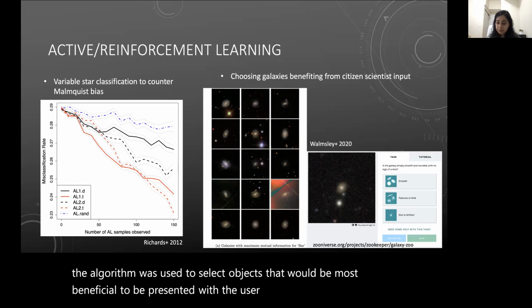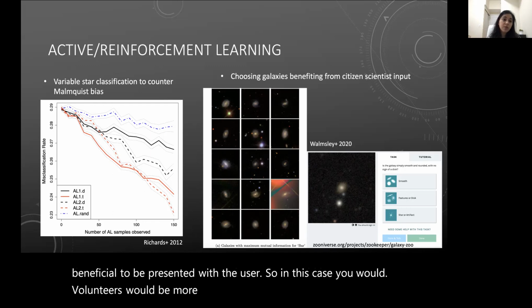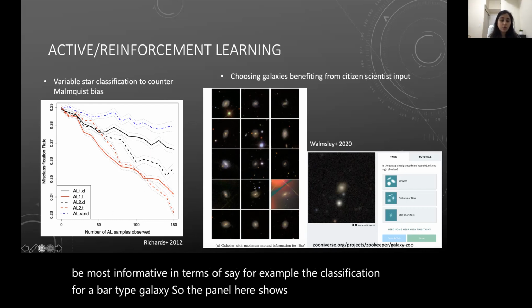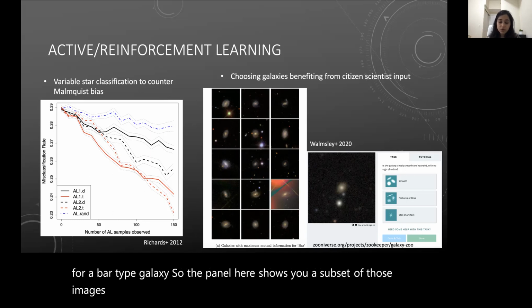In this case, the volunteers would be more frequently shown images that would be most informative in terms of, say, for example, the classification for a bar type galaxy. The panel here shows you a subset of those images that were later presented to users.